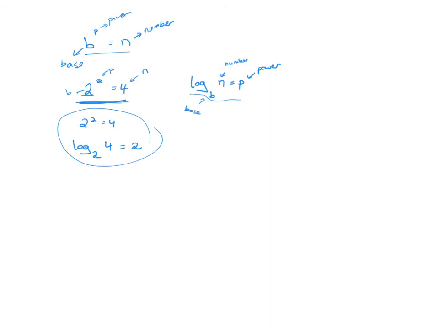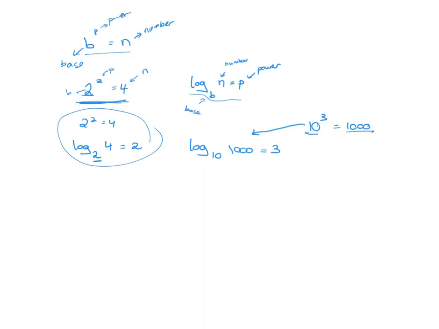I will talk about a few logs. Usually we won't see logs of base 2 or things like that in maths. You're probably going to see log 10, which simply means the base is 10. So for example, if I had 10 to the power of 3, I know that's 1,000. So I can rewrite that as log 10, because that's my base, of the number 1,000, and if I put that in a calculator, I should actually get the power, which is 3.